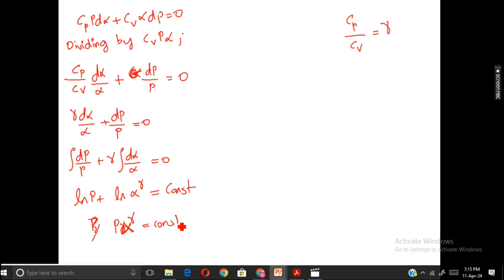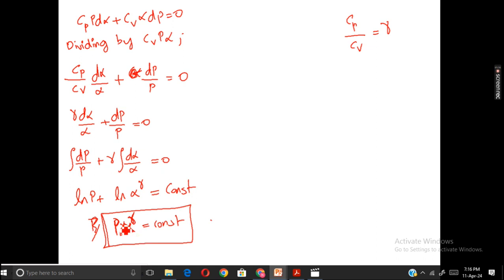This is the mathematical expression for an adiabatic process. We derived it from the first law of thermodynamics. P alpha raised to gamma is equal to a constant. This is the mathematical representation of an adiabatic process.